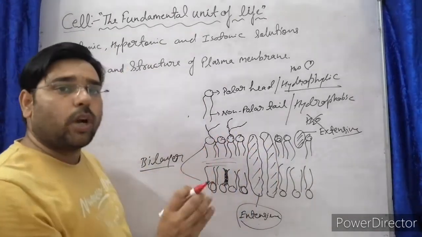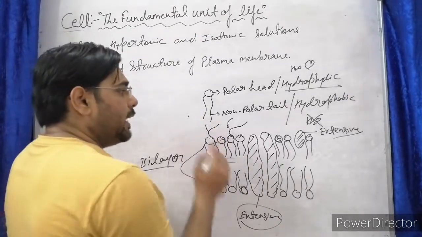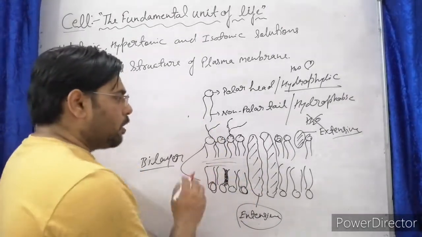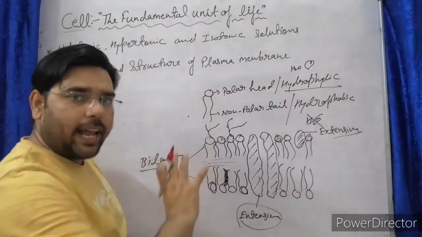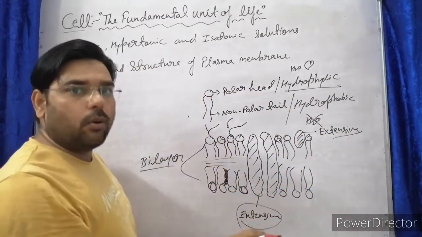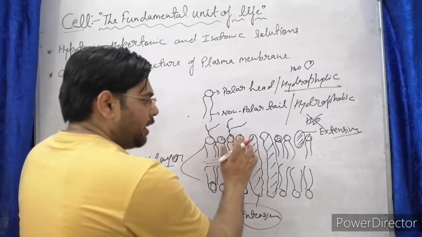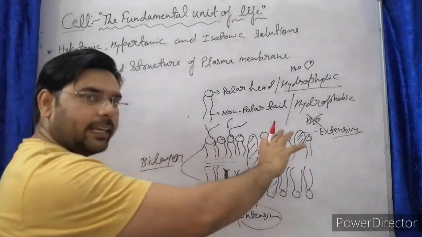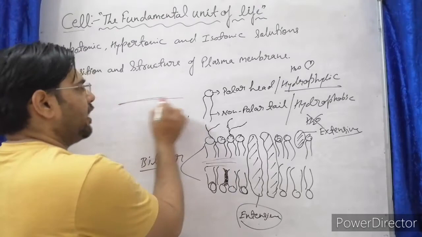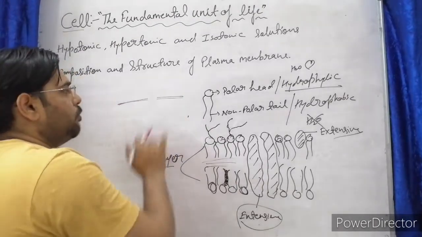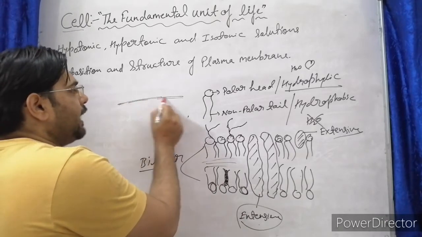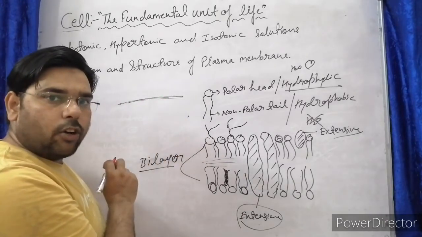That is why it is called the fluid mosaic model. Why is it called the fluid mosaic model? Because it has the nature of a fluid, like a liquid. If it ruptures at a place, it can rearrange itself. Suppose a stream of water is going on. If I cut the water stream from here and then remove my hand, the flow continues again.